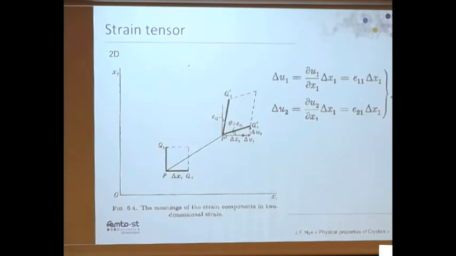So this is an example: your strain along 1, 1. Your deformation along 1 is equal, according to this deformation coefficient 1, 1, delta x 1. So it means that this length, delta x1, was elongated by delta u1.